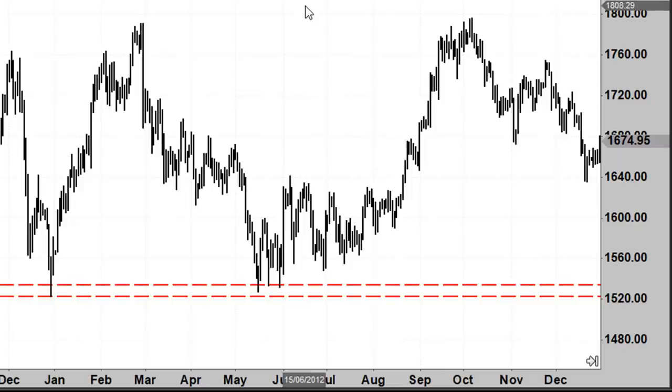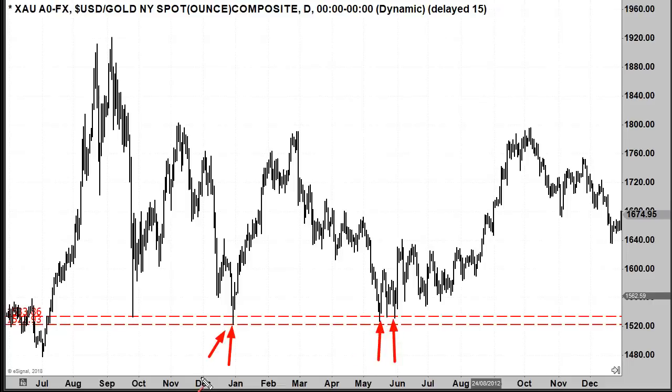So let me show you what those important clues were before we even broke that support, before we broke that market structure. One of the most important signs that a market is going to break a critical support level, in other words an important clue that a market could break its support level or market structure, is what's called failed rallies.